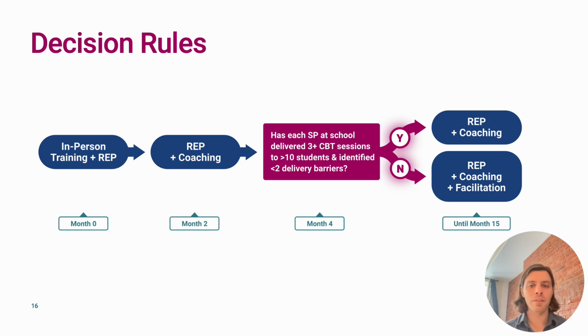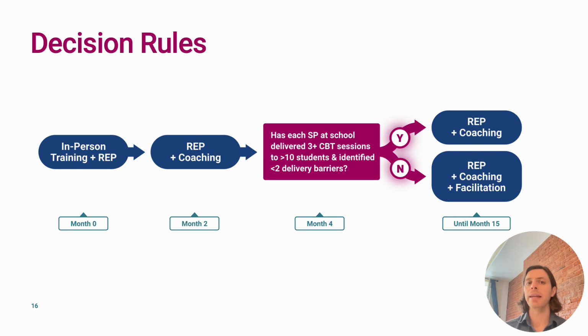Then lastly, we have decision rules. So in this case, our decision rule is, if every school professional at the school has delivered 3 or more CBT sessions to 10 or more students, and every school professional has identified fewer than 2 barriers to delivery, then we're going to say they're responding well, and we're going to continue with just REP plus coaching.